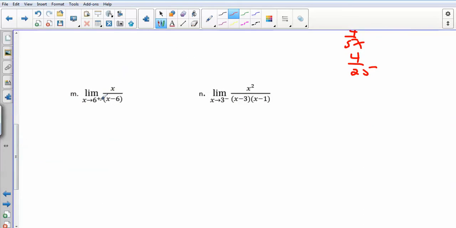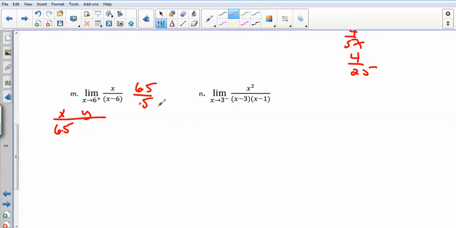Alright, the limit as x approaches 6 from the right, and this is x over x minus 6. This is not exactly a transformation of the parent function. Let's see what's happening on the right of this function. If I were to plug in 6.5, I would get 6.5 over 6.5 minus 6, which is 0.5.